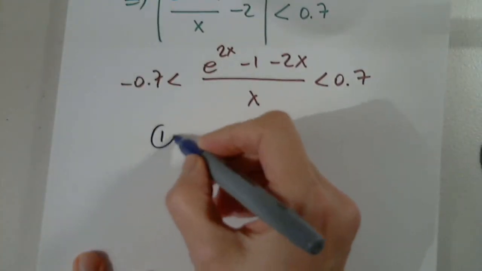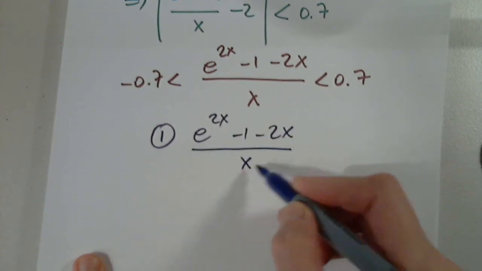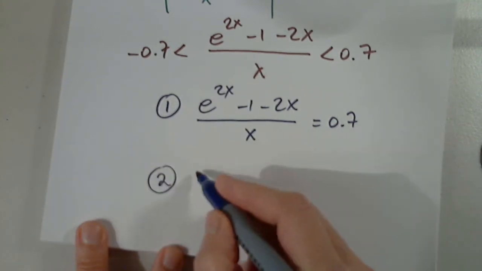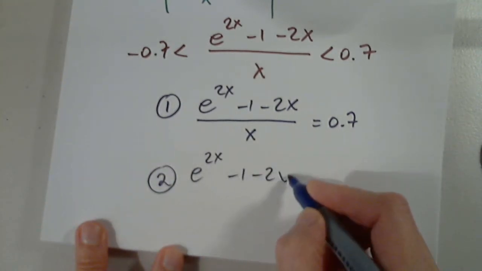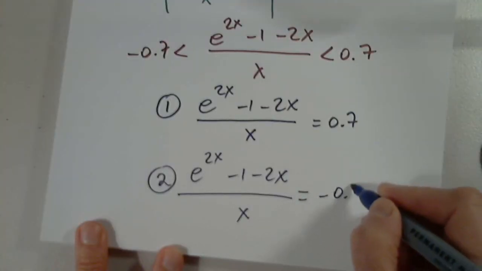I have to solve the first equation, (e to the 2x minus 1 minus 2x) over x equals 0.7, and the other equation, (e to the 2x minus 1 minus 2x) over x equals negative 0.7.